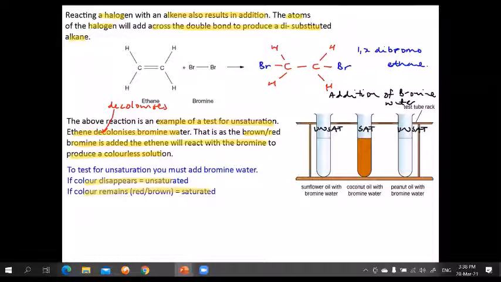The next thing we do is reacting a halogen with an alkene. So now here is another addition reaction for the alkene. The atoms of the halogen will add across the double bond, so the alkane that results is another alkane that we get again.